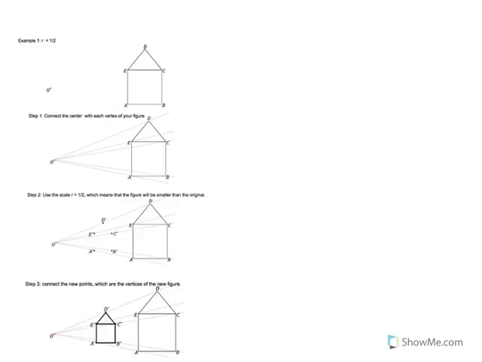So let's look at this example problem. It says, example 1, r equals 1/2. R is called the dilation factor. It is the amount that you are either shrinking or enlarging the figure.